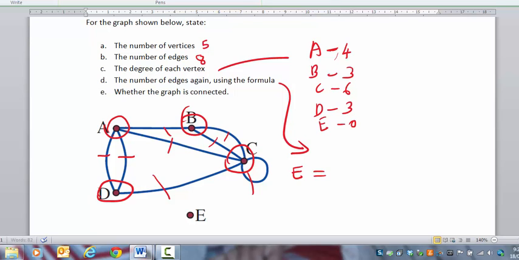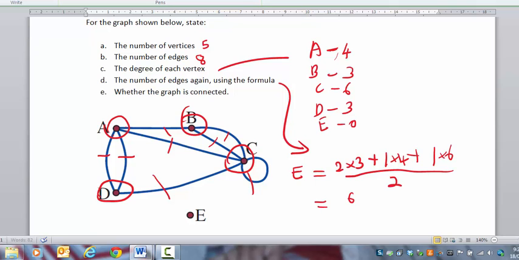So what I can see is that there's 2 vertices of a degree 3. So I do 2 times 3. I add that to the number of vertices that have a degree of 4. That's 1 times 4. And I add that to the number of vertices that have a degree of 6. That's 1 vertex times 6. And I divide the result by 2.